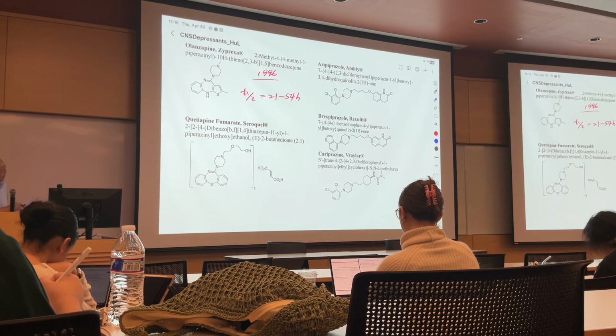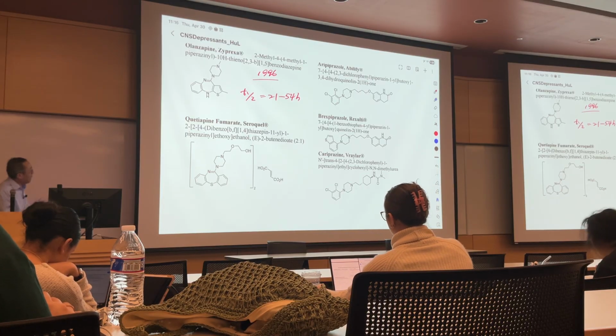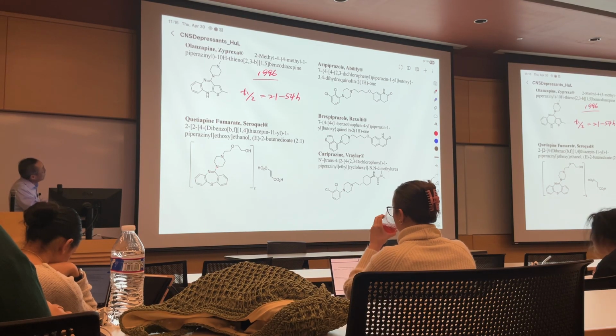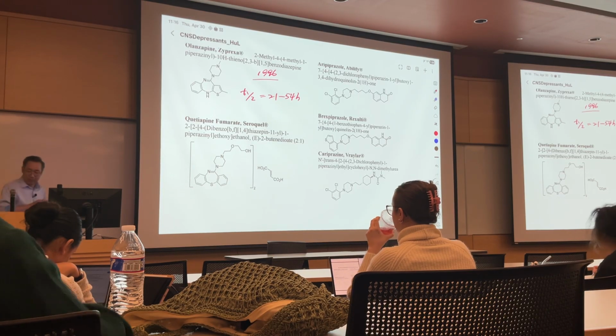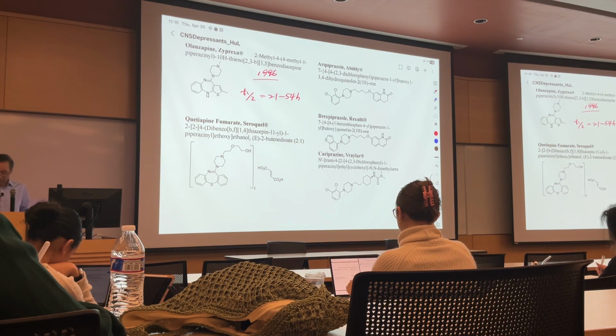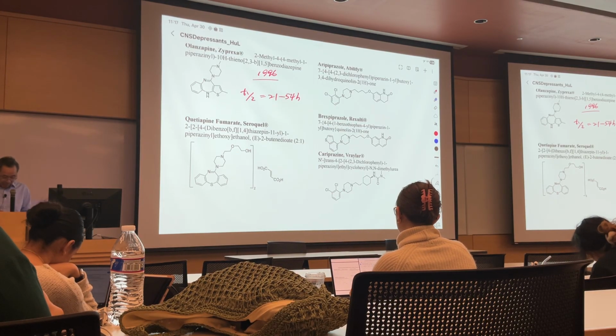And you do have 2 benzene rings, so it's dibenzothiazepine. You do have the side chain on the top over here, which is similar, but a longer side chain attached. So it's ethanol attached to another ethoxy for this drug molecule.